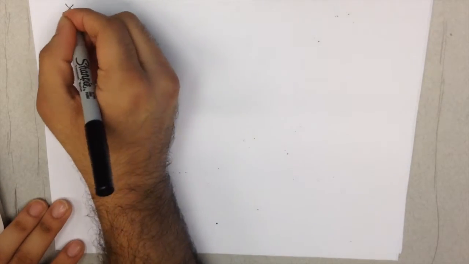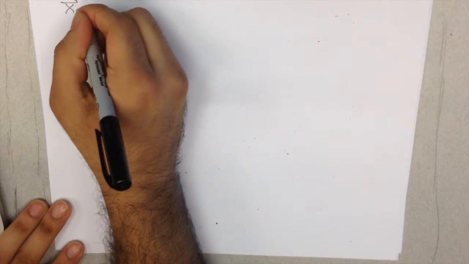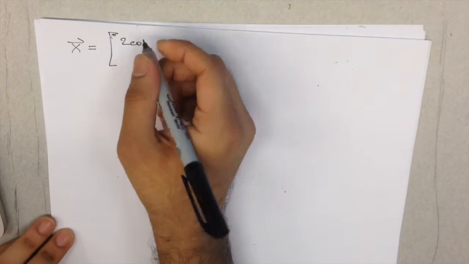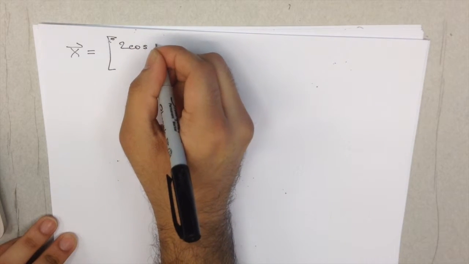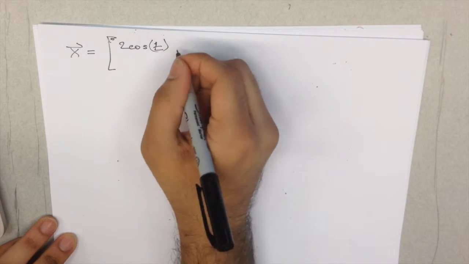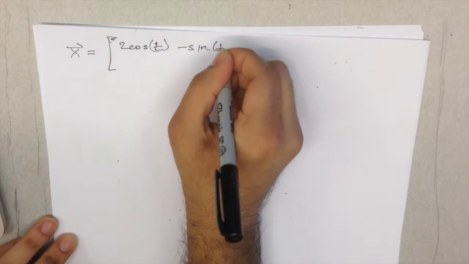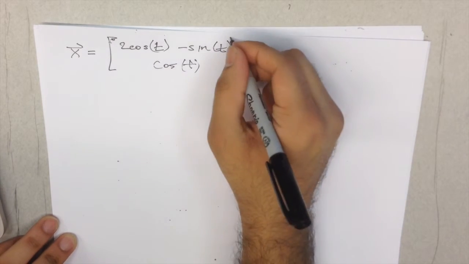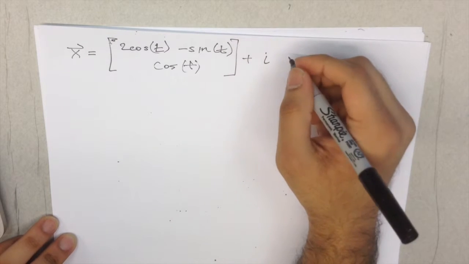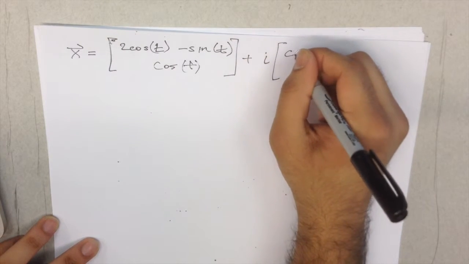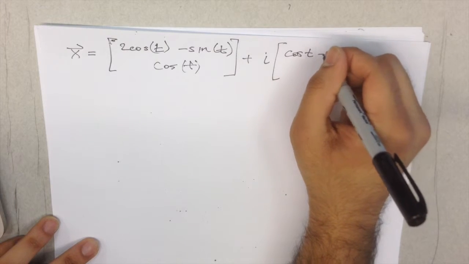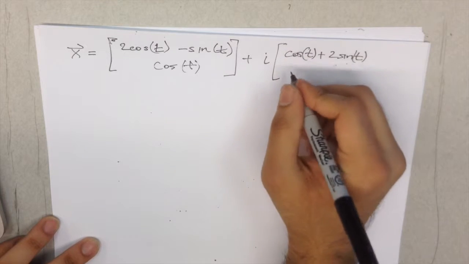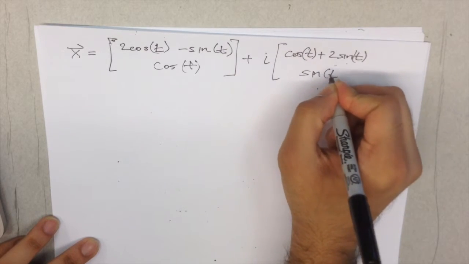When I separate the imaginary and real components, I get 2 cosine t minus sine t, cosine t, plus i times cosine t plus 2 sine t, sine t.